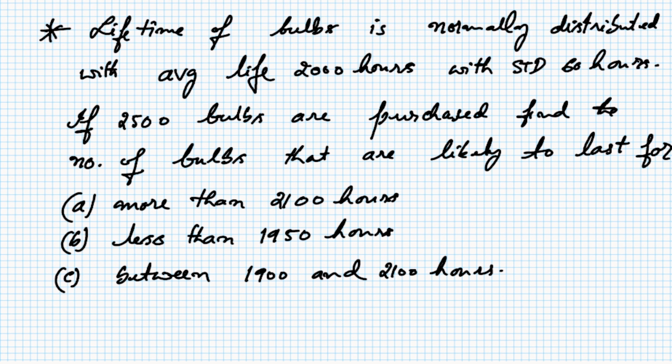Sorry, I'm interrupting. Can you please show the answers A, B, and C for the previous question for a second? Just hold on, let people finish this and then I'll go back. Give me just 1 minute. What is the standard deviation, 60 or 50? Standard deviation is 60 and the average is 2000.